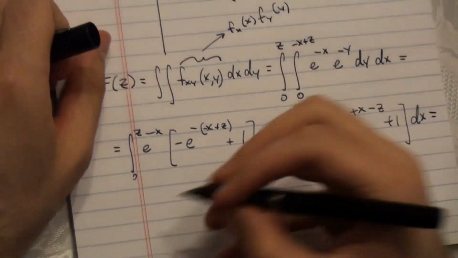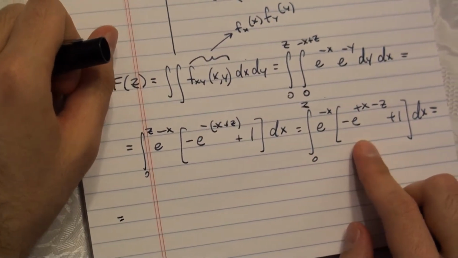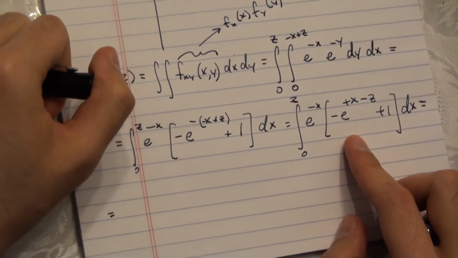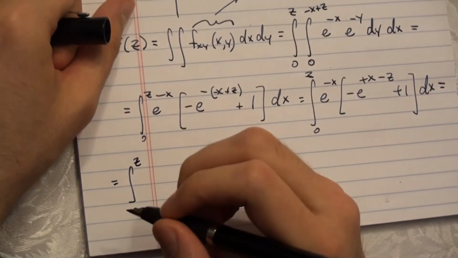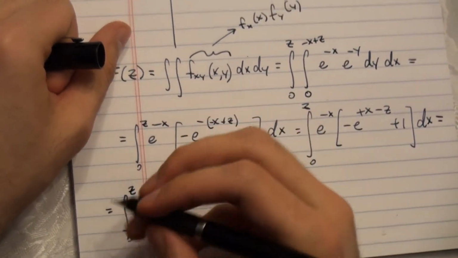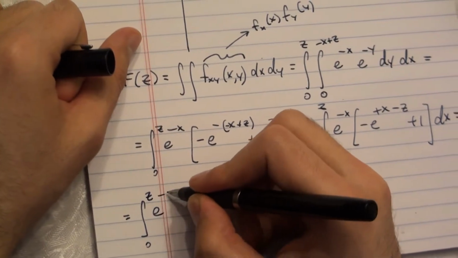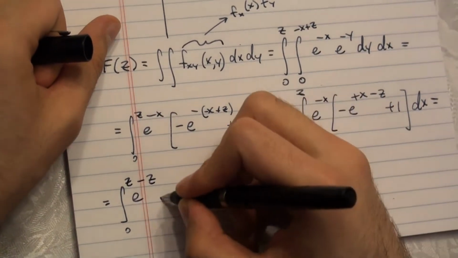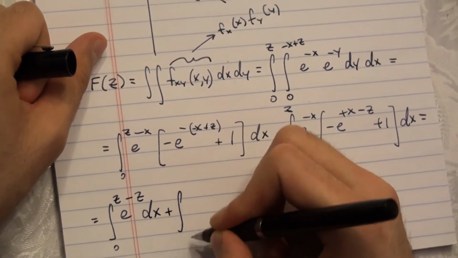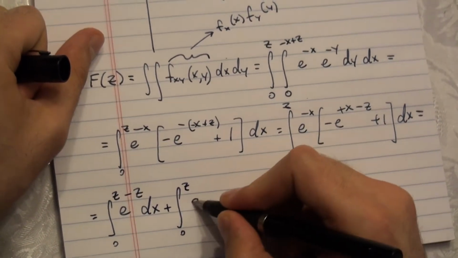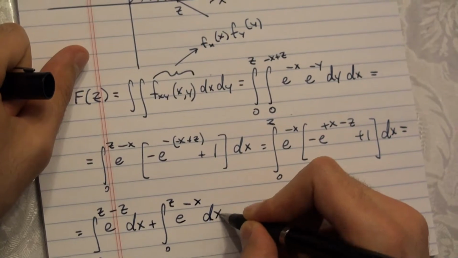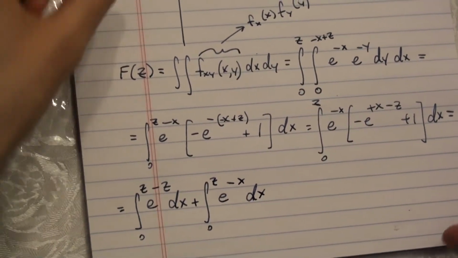Now we multiply through. That's going to give us the integral from 0 to z of e to the minus z, and I'm going to split it up into two integrals, dx, plus the integral from 0 to z of e to the minus x dx.